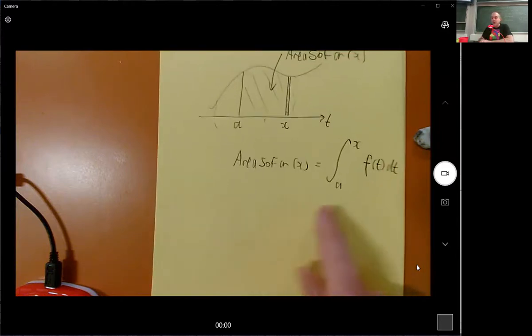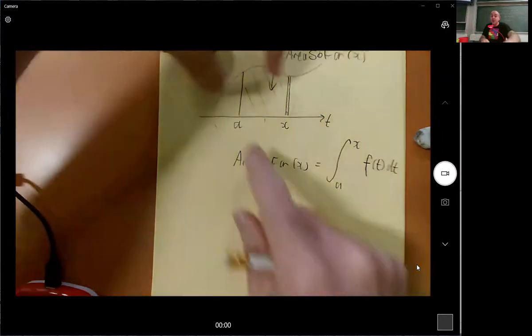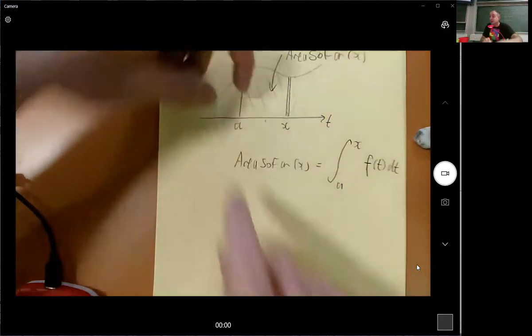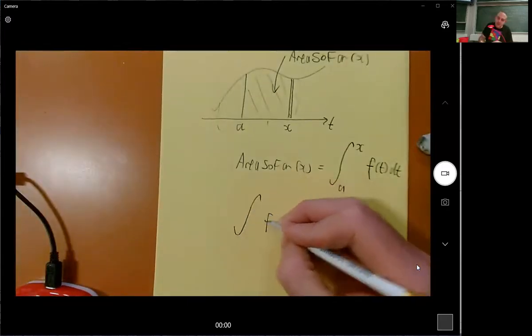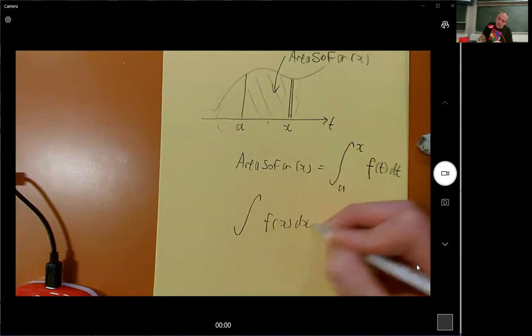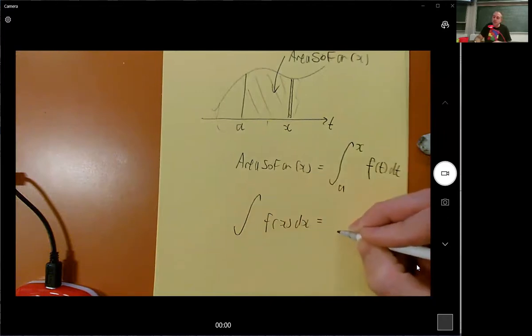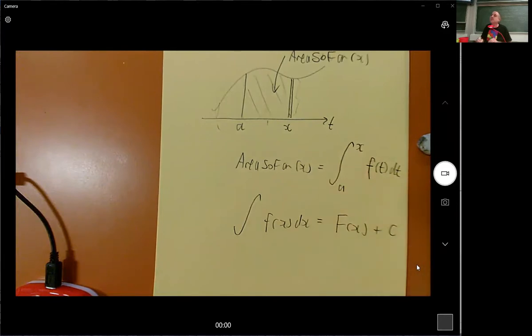Because starting at different positions gives you different answers, and the difference between them is a constant bit of area, when we don't have numbers on these, we put a plus C. Because if you knew where it started, you would know what the C was that made it different from the other one. That's one reason.